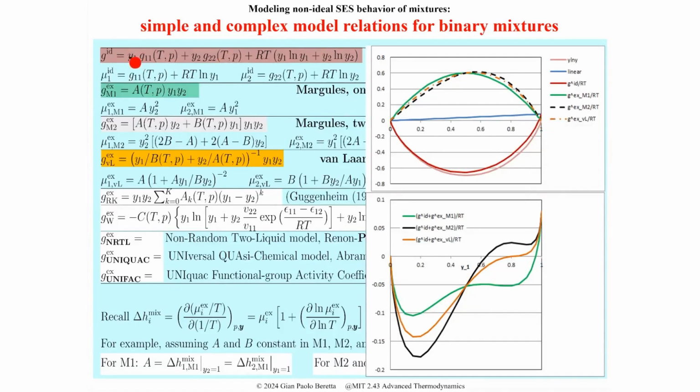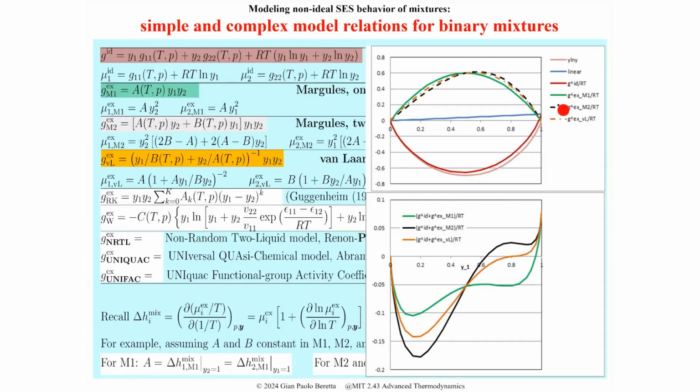So this is the linear part. The first two terms are linear in the mole fraction, and that's the blue curve. So you add up the blue curve and the pinkish one, and you get the red curve. That is G ideal.